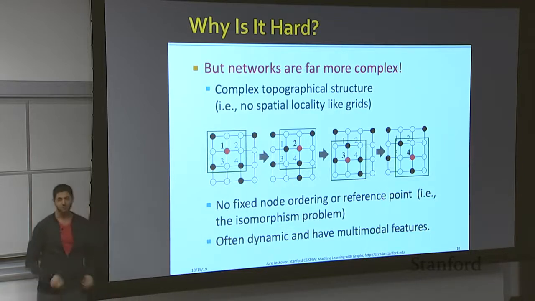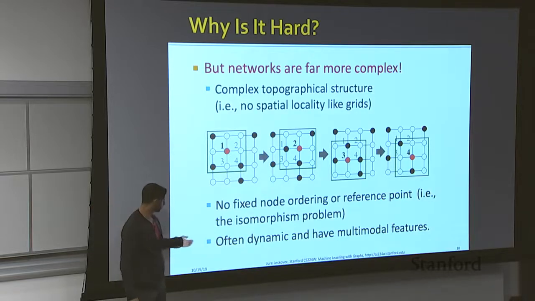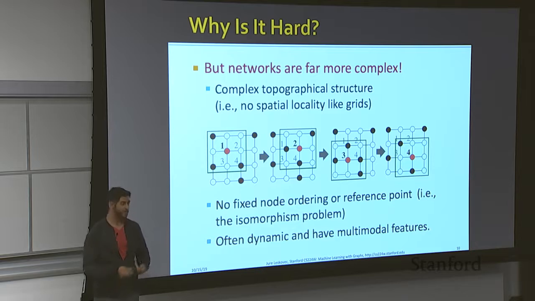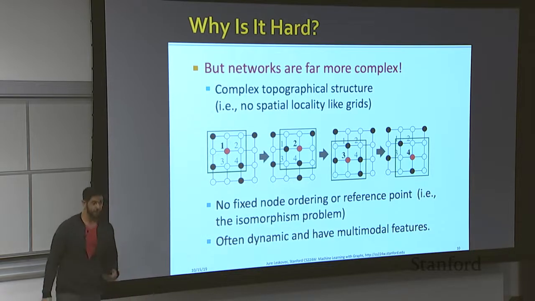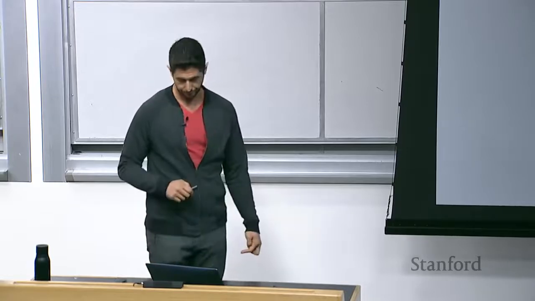And to make things even worse, and again, this applies to a lot of projects that I've been hearing about in the past couple of weeks, graphs can also be dynamic. So you could have nodes appearing and disappearing, same with edges, and they can also have multimodal features, okay? So if anything, there are yet other reasons why we need more advanced tools for representation learning.